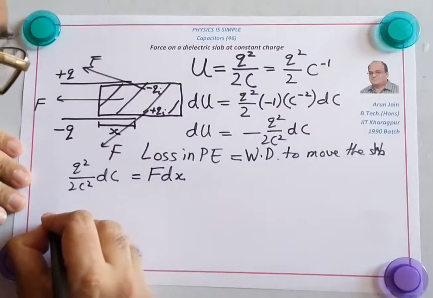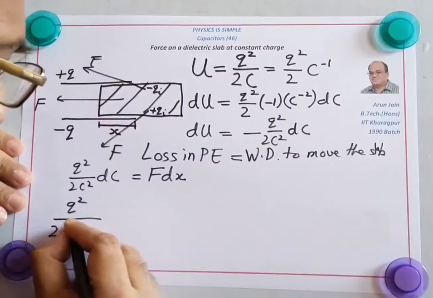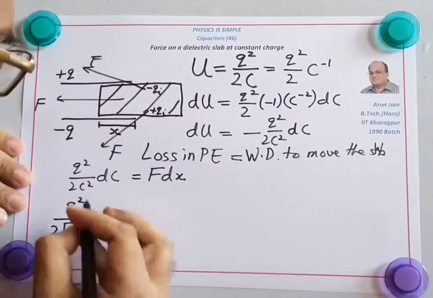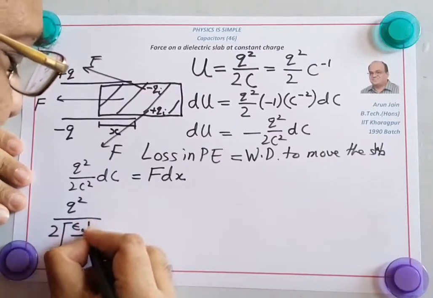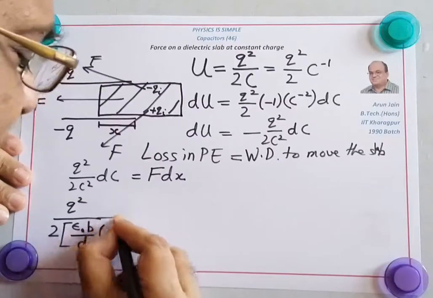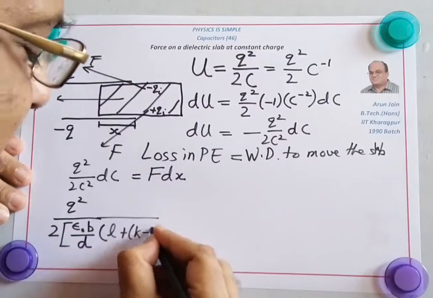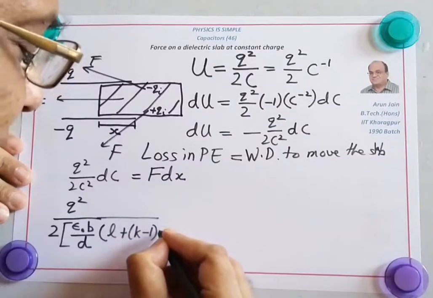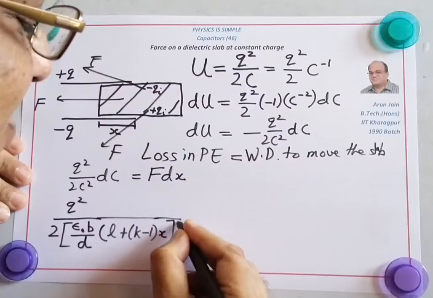So this becomes Q square divided by 2C square. So C is epsilon naught B by D multiplied by L plus K minus 1 into X. And this C is getting squared.